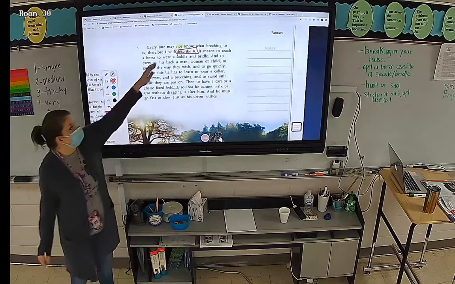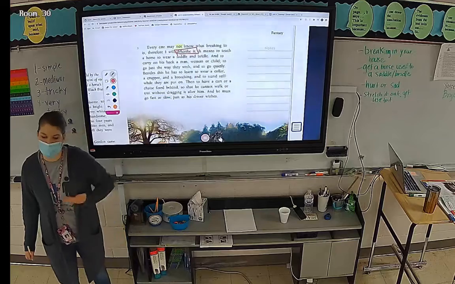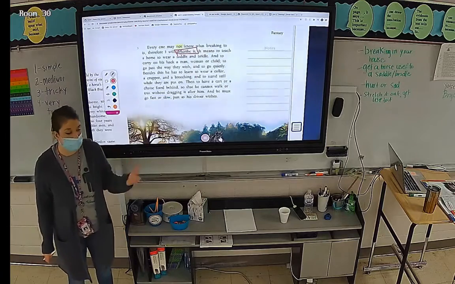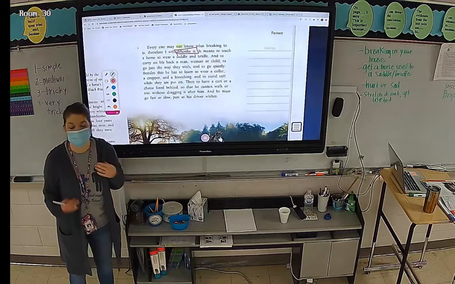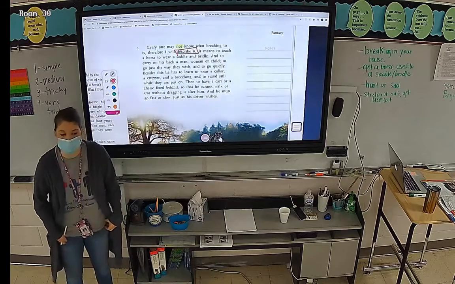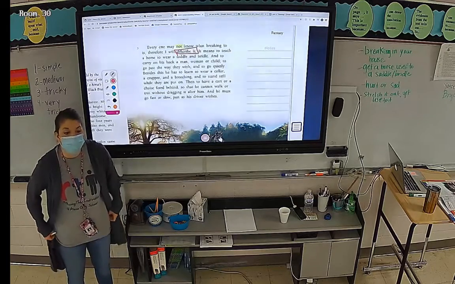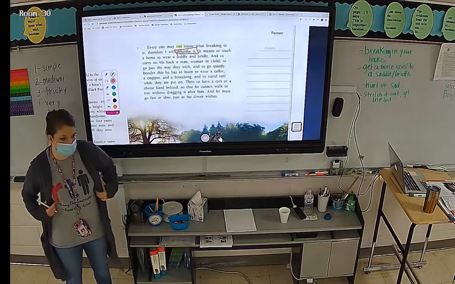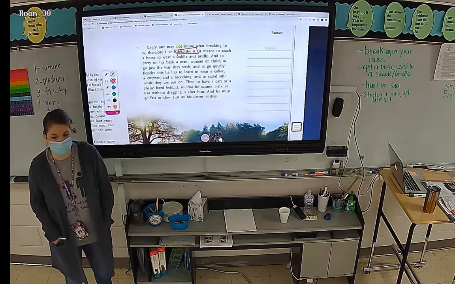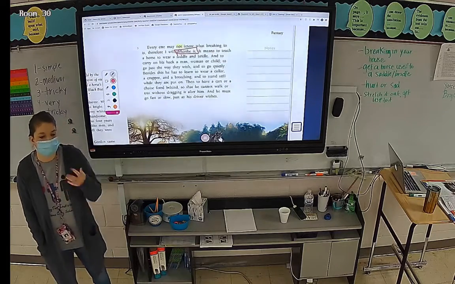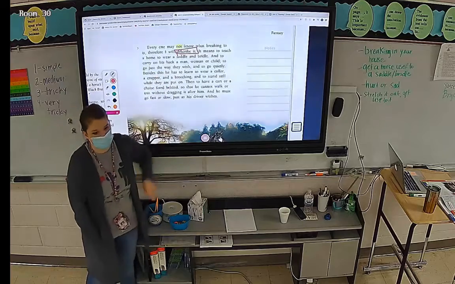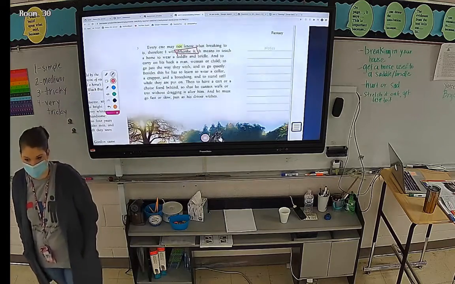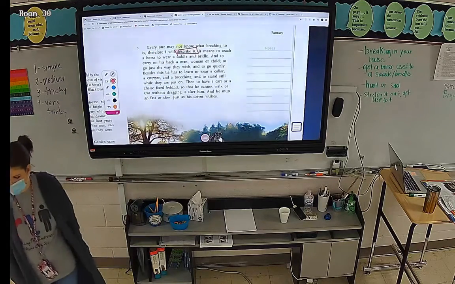But he's also describing it. If you're describing something, then you're using a lot of sensory words, a lot of sensory language. So there should be a lot of details here to help us imagine it. Okay? So let's talk about what he's describing, and then we'll figure out what the meaning of breaking in is. Okay, what are some details that he uses to describe what breaking in is? What are some details that you see? Stella?